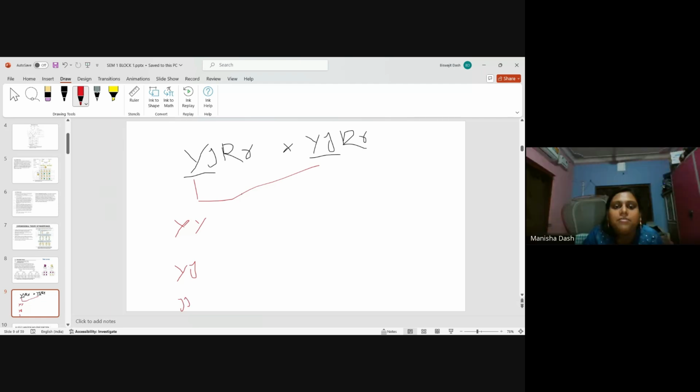Then again, if you consider this Rr once more, this is also a kind of monohybrid cross. What kind of genotypes will you expect here?